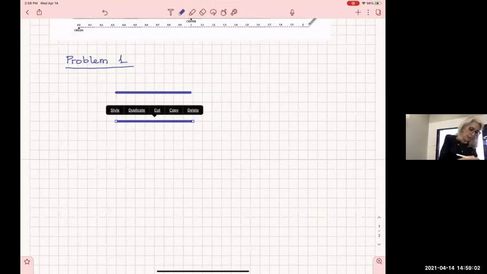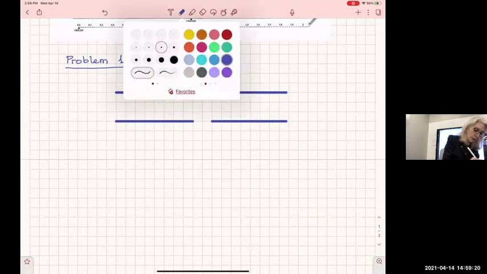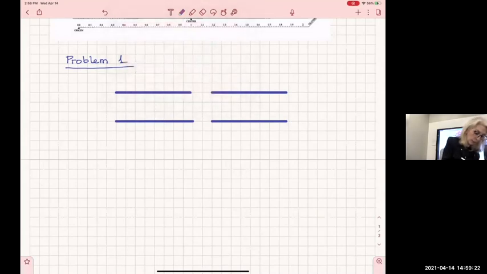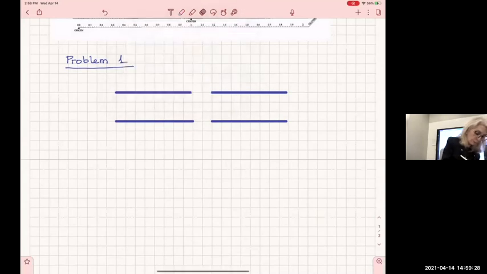So I will assume that this line has two sections. And so the other section is gonna be here. And then in between these two, I will use a thin line to show the in between.